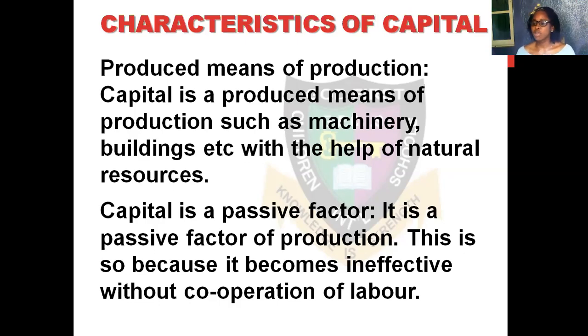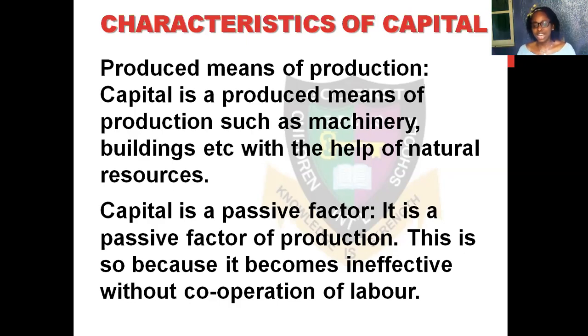Capital is a means of production. Without capital, means or factors of production cannot be what? Complete. Examples of capital are building materials and resources other than money and land.